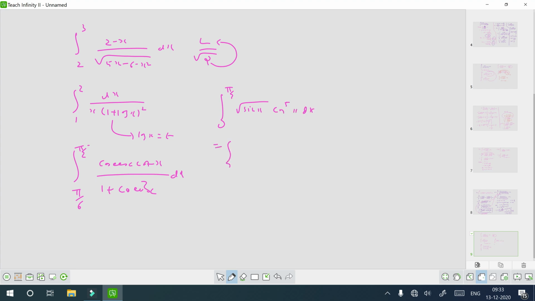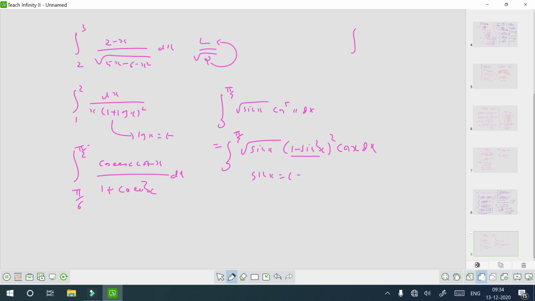So can I write here root sin x into (1 minus sin square x) whole square into cos x dx. This comes out cos raised to 4 into cos x dx. Now you can take sin x is equal to t. So let us leave that once again for you.